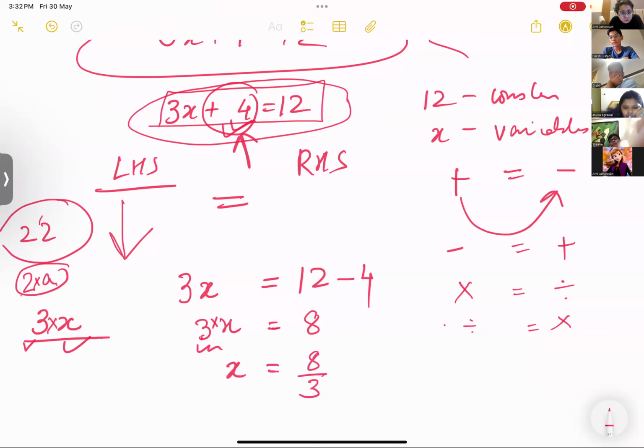No one has given me the correct answer yet. What is 8 divided by 3? 2.666. Right?